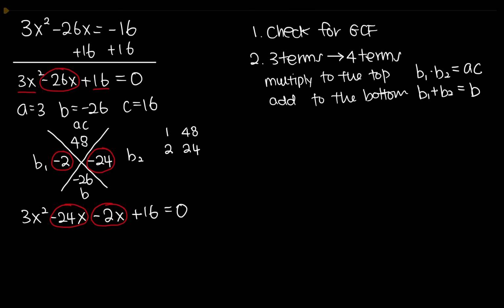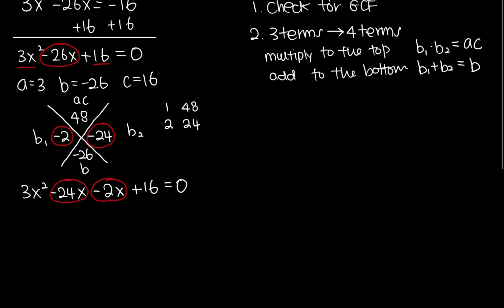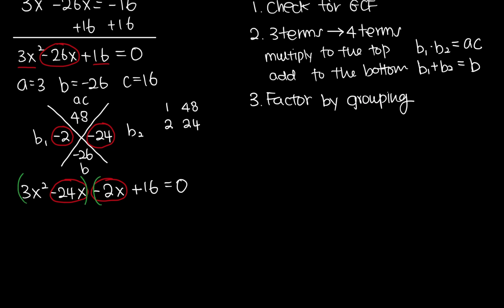Given this, we're going to factor by grouping. So step number 3, factor by grouping. I'm going to group the first 2 and the last 2. Looking at 3x squared minus 24x, I know my 3x comes out, so we have x minus 8.